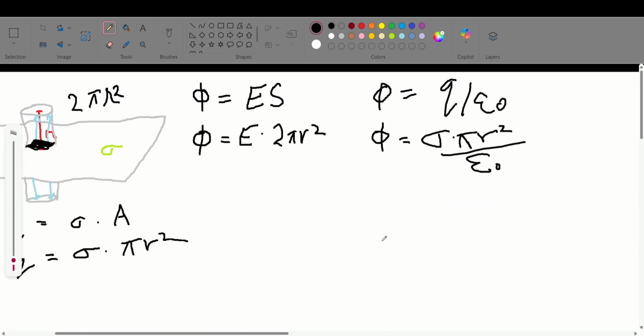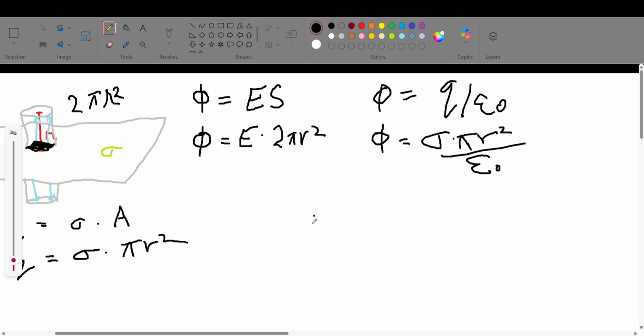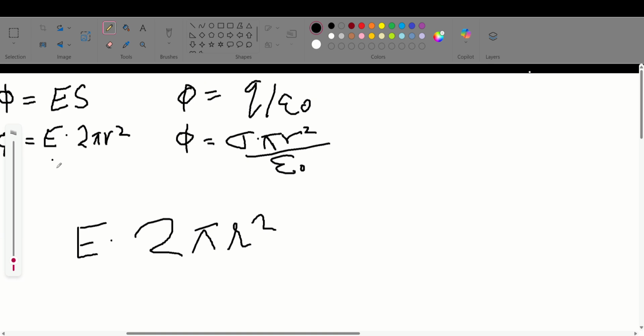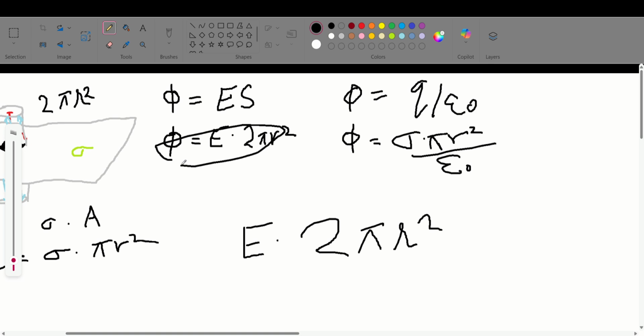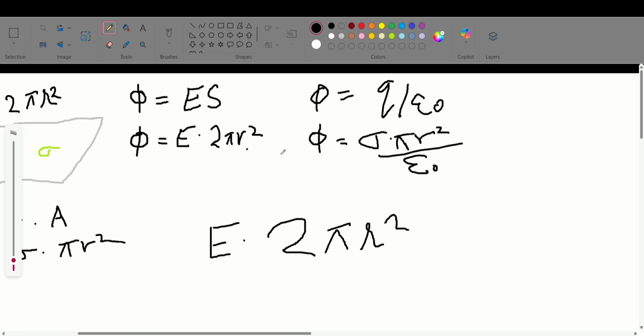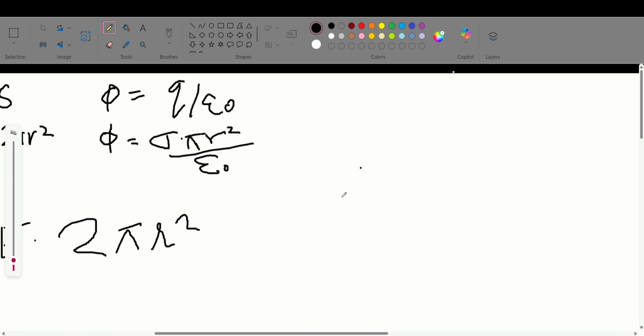Now when we equate both values, this is what we get. E into 2 pi r squared is the value of the flux that we got first. Phi equals E times 2 pi r squared, and this is also flux, so both values are going to be equal.